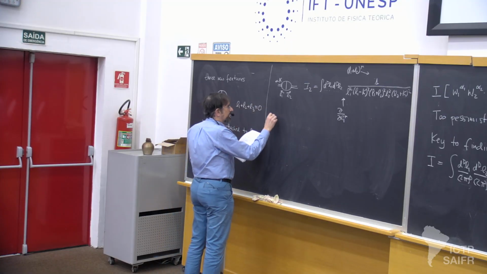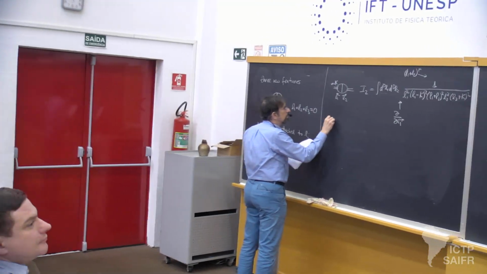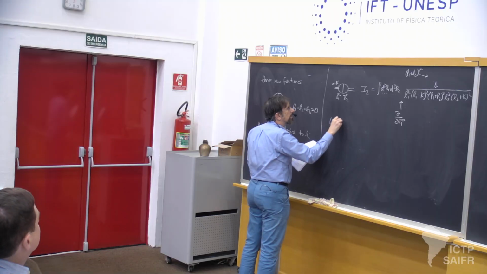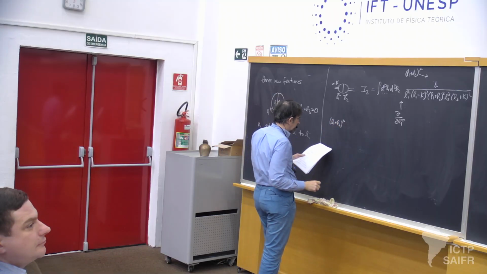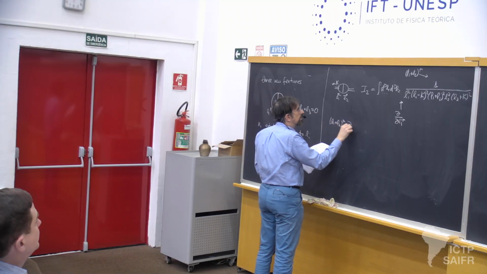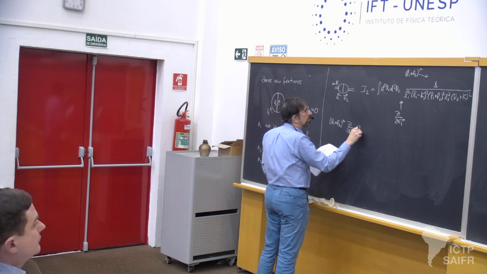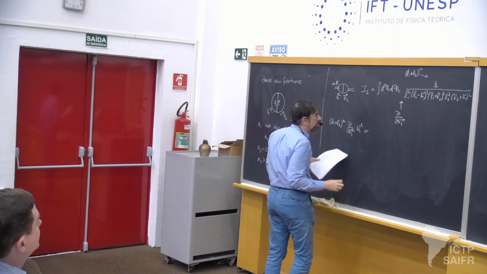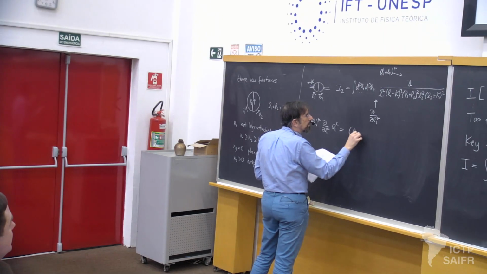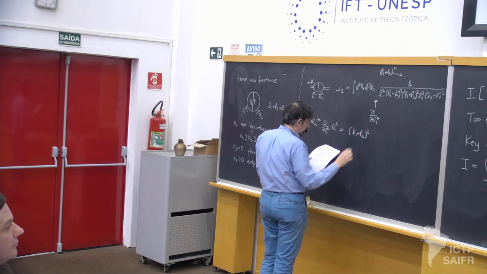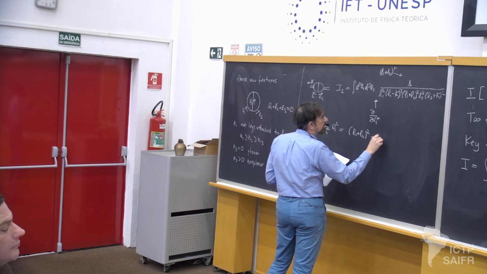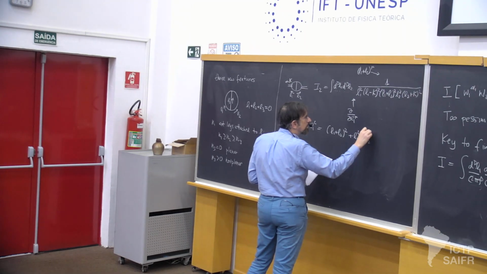And there are various side calculations you can do. So (L1 plus L2) mu times d by dL1 mu of L1 squared, for example, is equal to (L1 plus L2) squared plus L1 squared minus L2 squared.